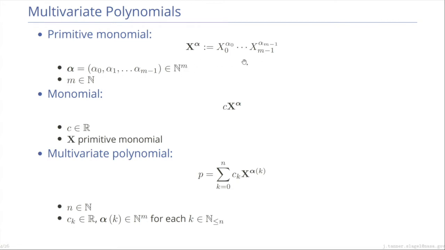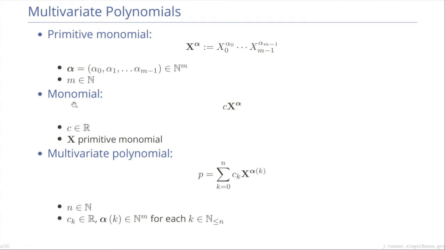This monomial is in m variables, denoted x sub 0 all the way up to x sub m minus 1, and each one of them is raised to a different power. A primitive monomial is just all the variables you're considering multiplied together raised to certain degrees. These degrees are in the natural numbers, so 0 is very much allowed here.